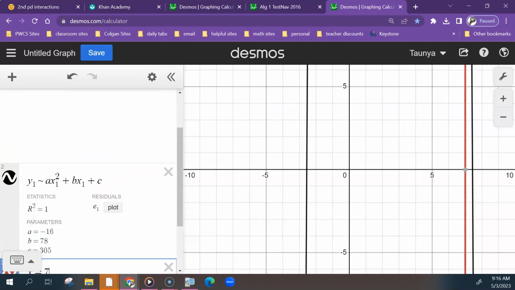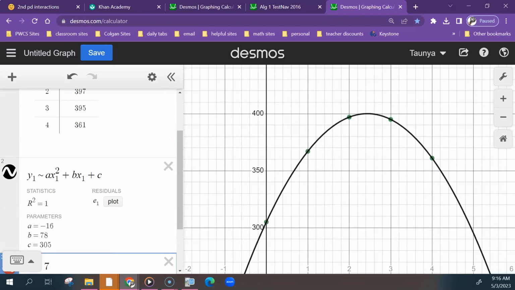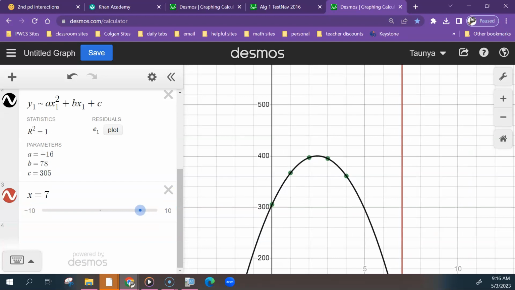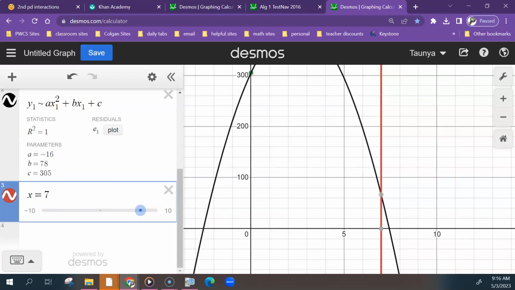You may have to zoom out, and find where x is 7 and find where they intersect. So the height after 7 seconds would be 67 feet. Thank you. I was looking for the measurement.